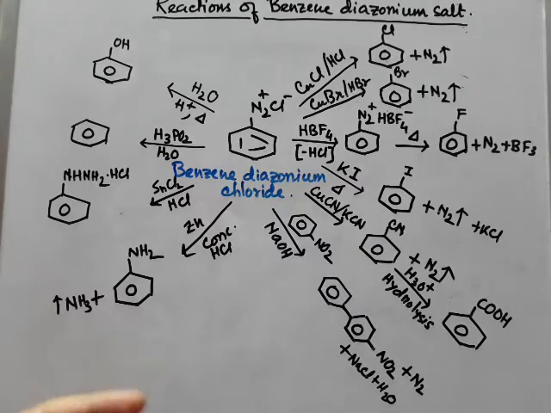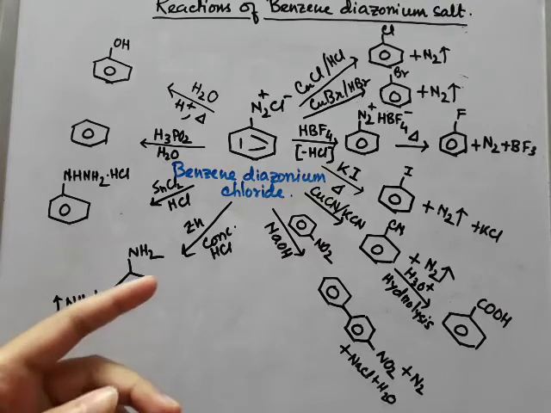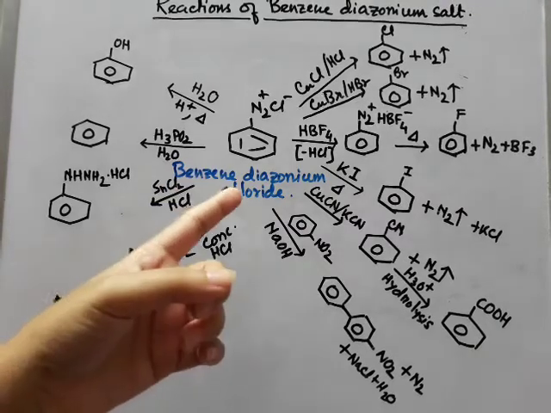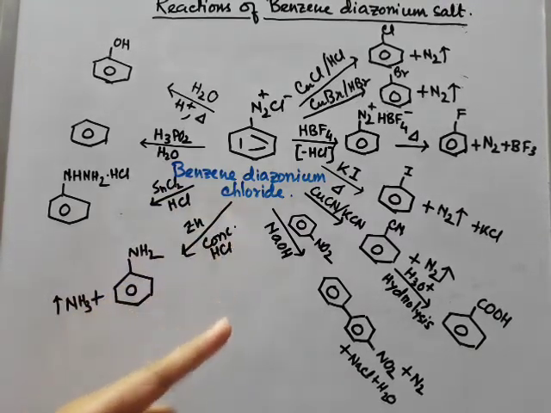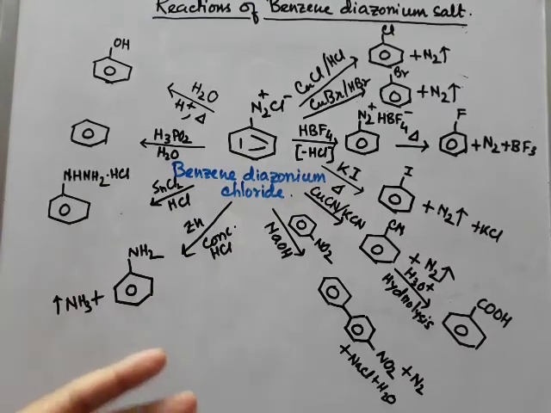In these compounds, two aromatic rings are linked together by azo groups. These reactions are known as coupling reactions. For example, when a cold solution of benzene diazonium chloride is added to a cold alkaline solution of phenol, then coupling reaction occurs and a very bright orange azo dye we are getting.